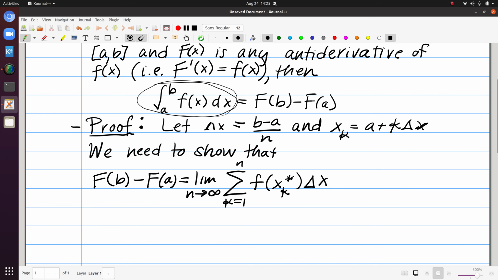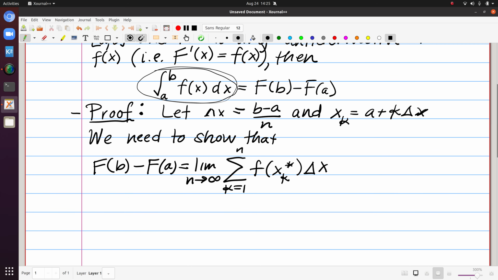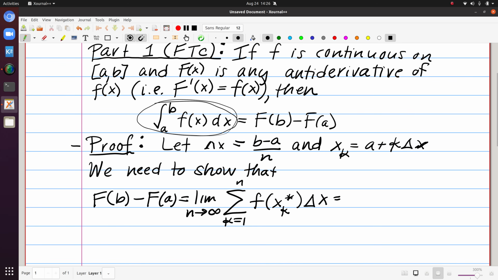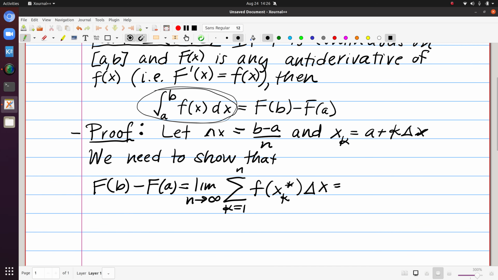So to be clear, what I've done so far is I've substituted in exactly what the definition is for our definite integral. So that is step one. And step two is that now I'm going to identify that when I'm writing lowercase f, I can replace that now with the derivative of capital F.